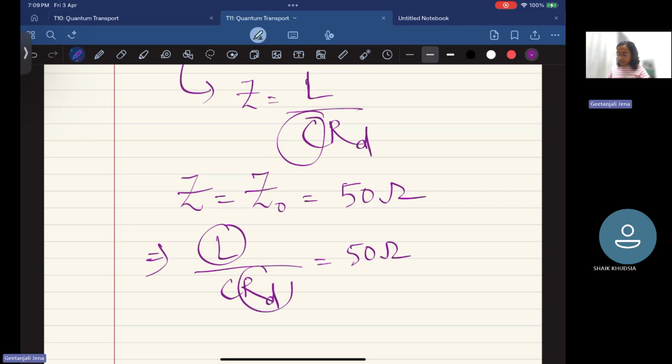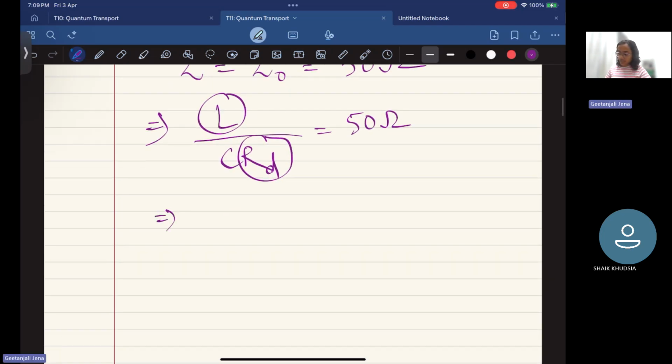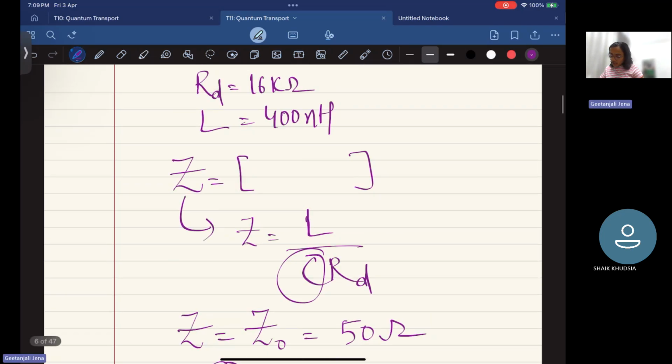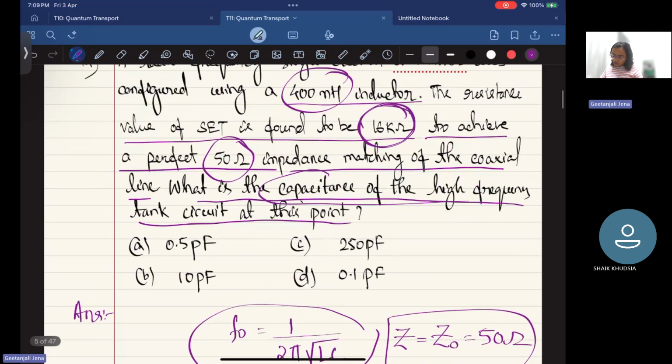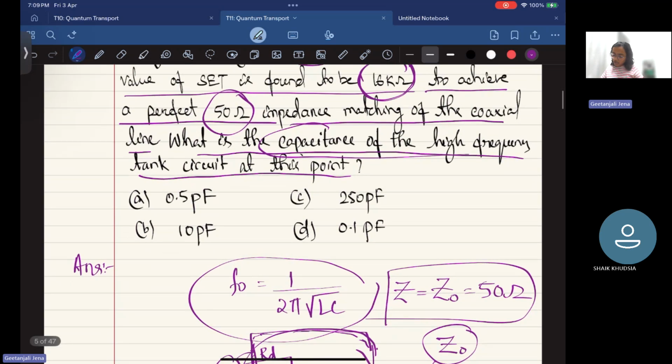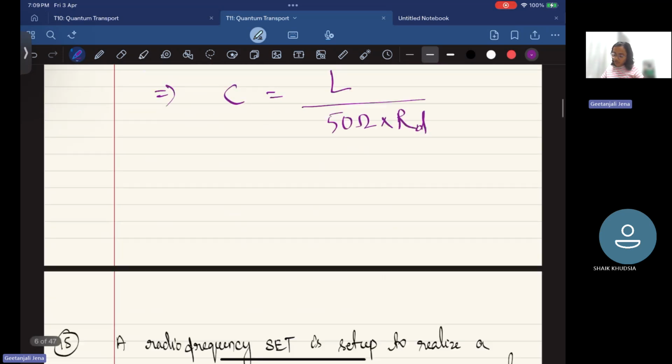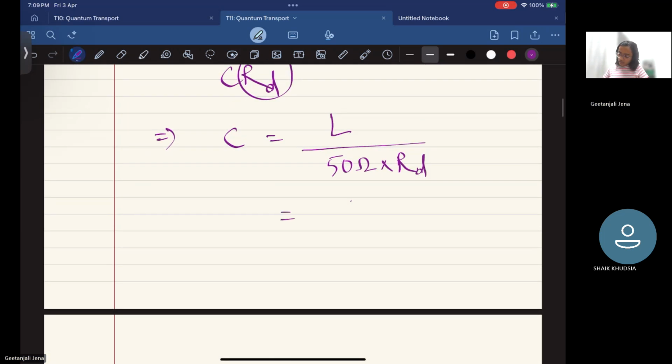L is given, RD is also given, so we can easily calculate C now. C is L by 50 ohm times RD. L is 400 nanohenry, which is 400 times 10 to the minus 9, and RD is 16 times 10 to the 3.